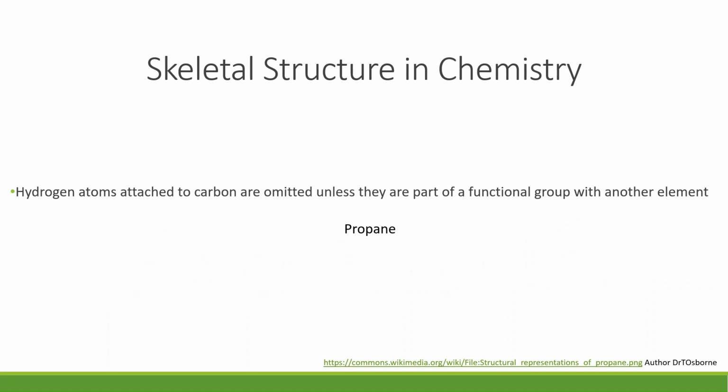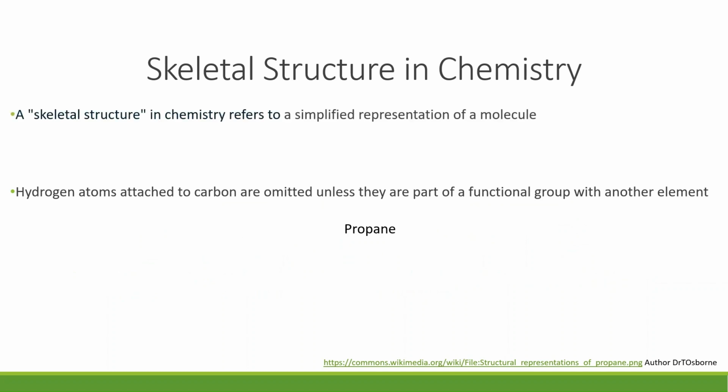And before we get much further, there are many ways of drawing chemical structures of molecules. And the most common way in biology is the skeletal structure. I think instructors often start using them without taking a step back and showing students how they work. So, a skeletal structure in chemistry is a simplified way to represent a molecule. Only the bonds between carbon atoms are explicitly drawn, and they're shown as lines.